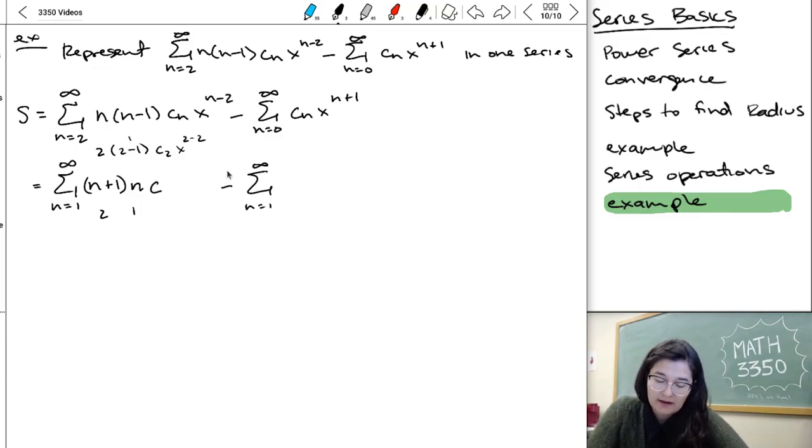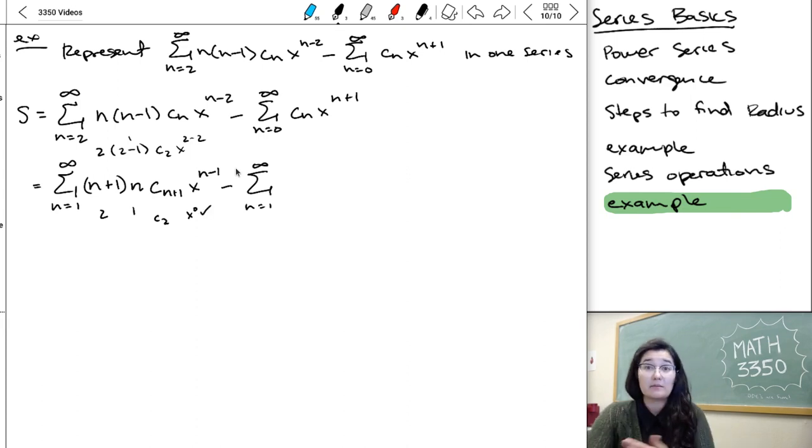C sub n gave me c sub 2 before, so when I plug in 1, I have to do c sub n plus 1 to get to c sub 2. And x to the n minus 2 gave me x to the 0 before, so if I'm only plugging in 1, I need to do x to the n minus 1. And all those things are going to match.